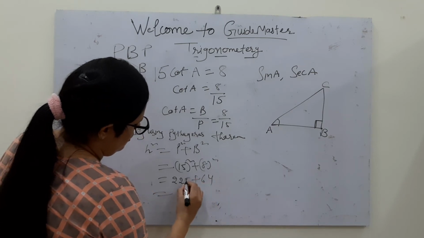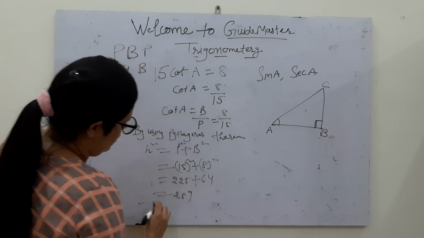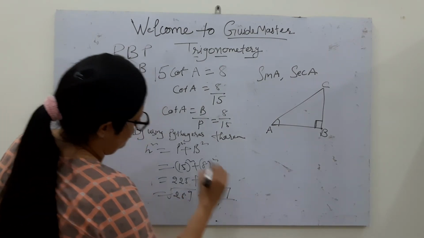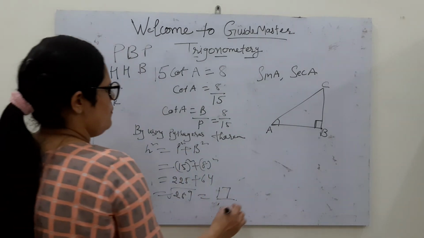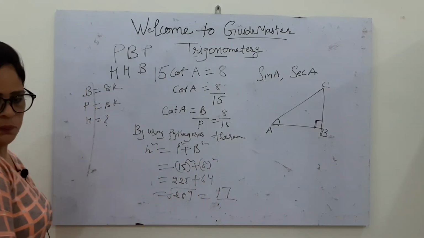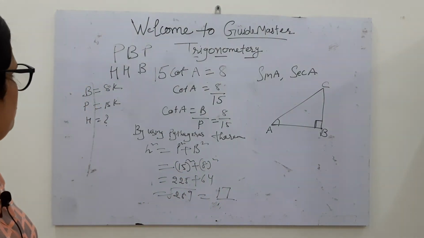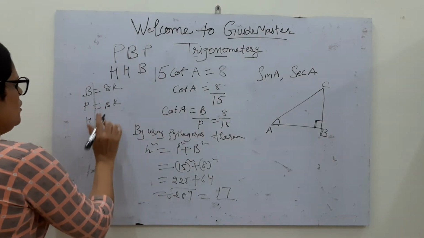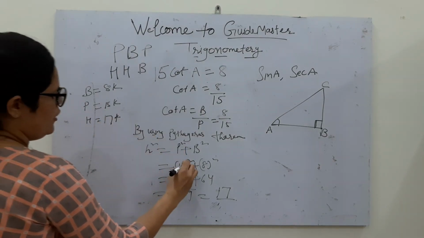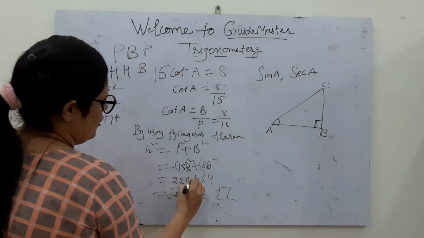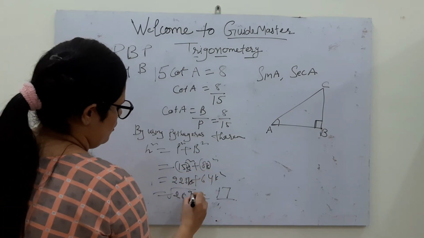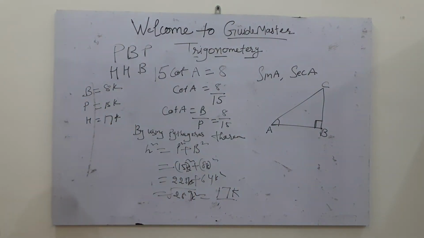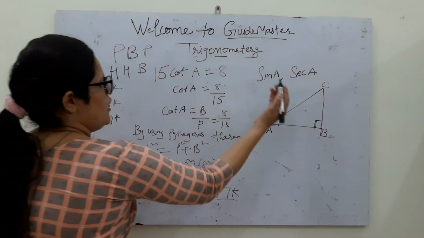That comes 289, and the root comes 17. So here H is equal to 17, and H is 17K.